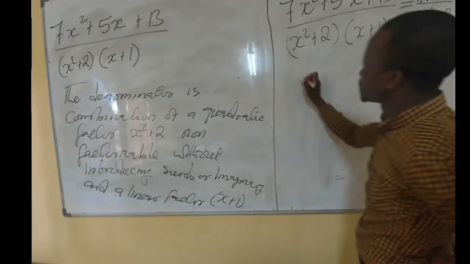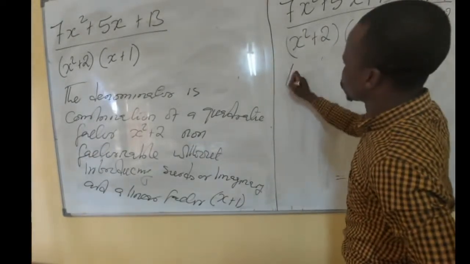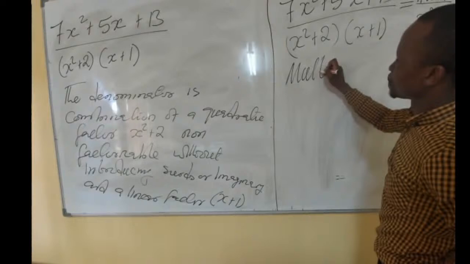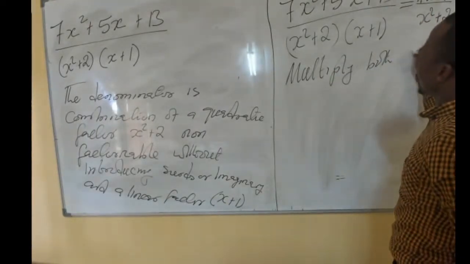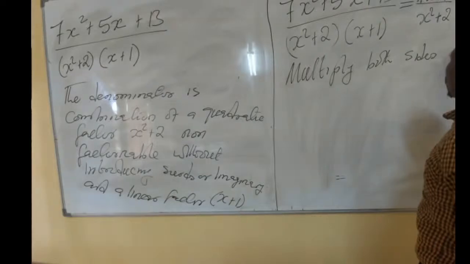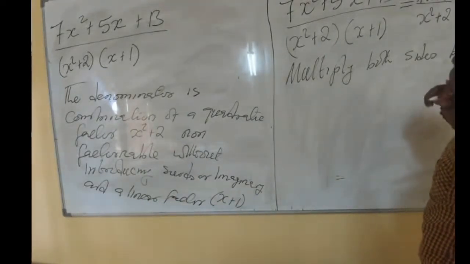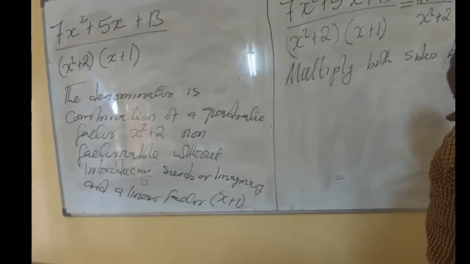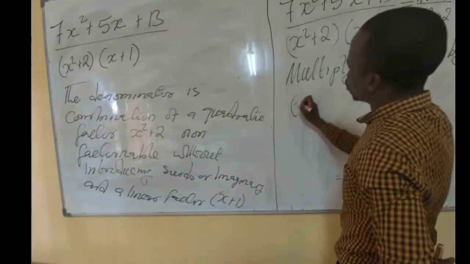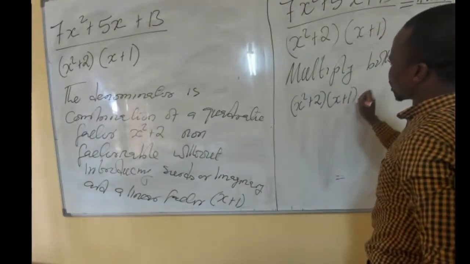So the next step you're supposed to do is you multiply both sides, or rather each term, by the denominator x squared plus 2 times x plus 1.